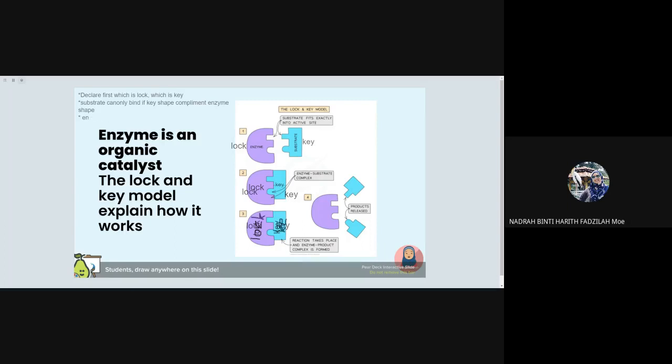So when the enzyme substrate complex is formed, barulah tindak balas boleh berlaku. Tak kisahlah sama ada tindak balas tu ialah anabolic reaction ke, catabolic reaction ke, and then the product will be released. Sebenarnya tindak balas ni kalau tak ada enzim boleh berlaku ke?